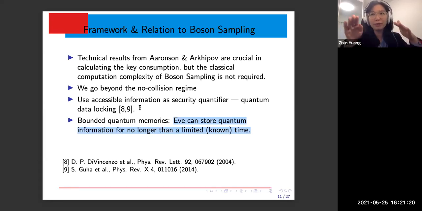So it can be perfect up to a certain known time, and then after that it dies. This is just so that we can say that after a particular measurement, Eve's information is bounded by a certain amount, and I'll go into that right now.